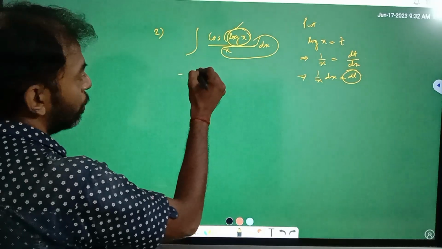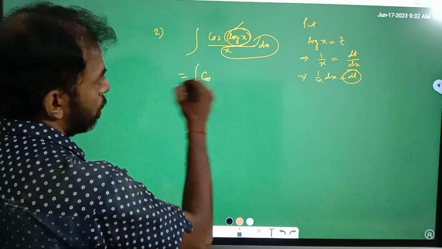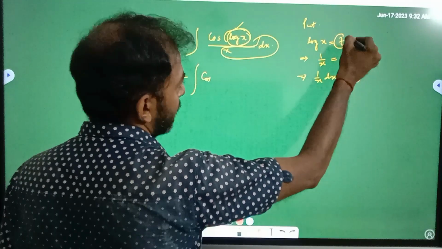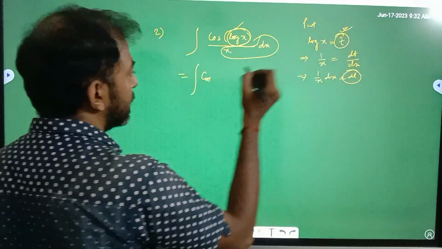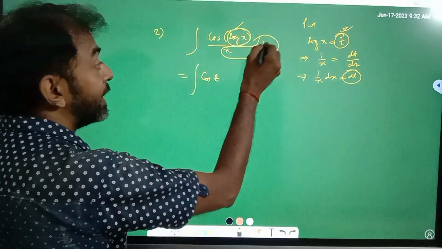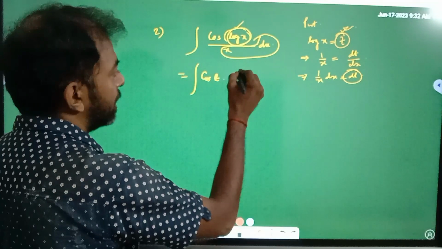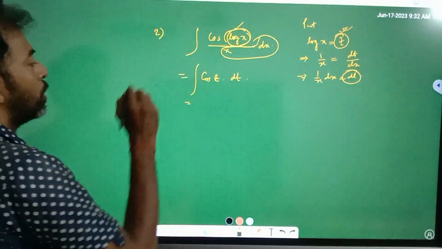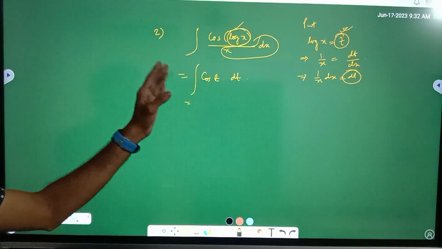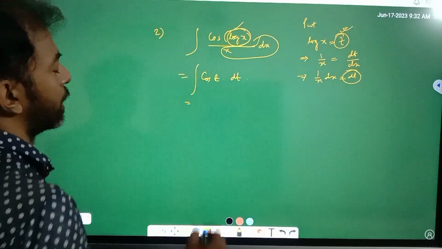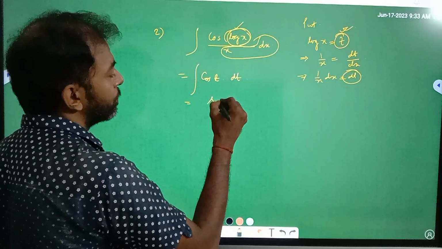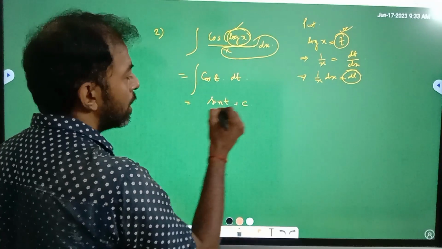So that will be the integration of cos of log x, where the value of log x is t, and dx by x is dt. Now we all know that the integration of cos t dt is sin t plus c.